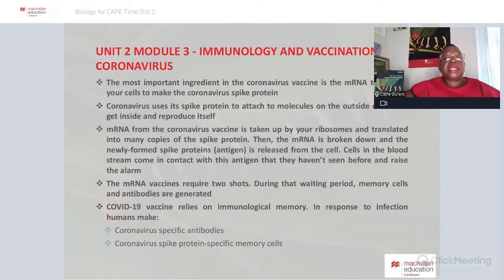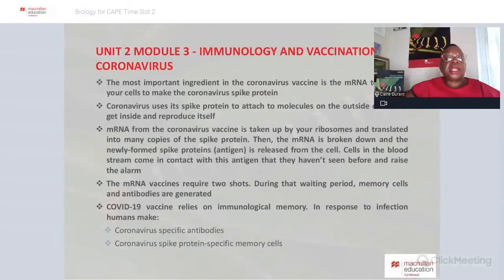The most important ingredient of the coronavirus vaccine is the messenger RNA, to instruct your cells to make the coronavirus spike protein. Coronavirus uses its spike protein to attach to molecules on the outside of the cells to get inside and reproduce itself.